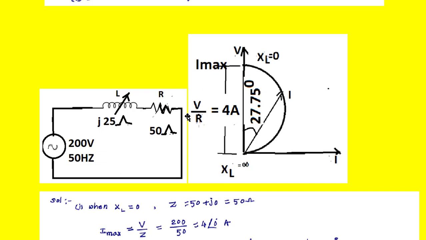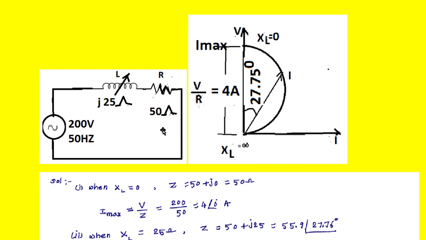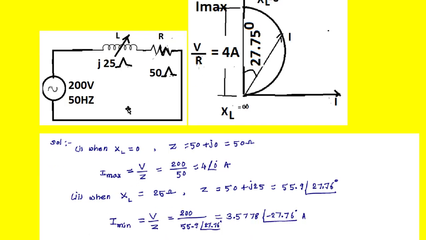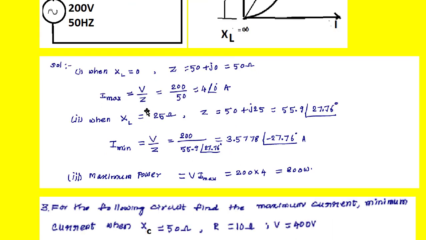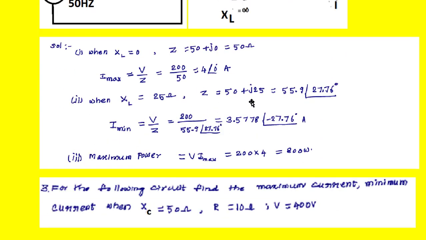So to get the minimum current, we have to get the full value of the variable element impedance. If you look at this, XL is 25 ohms and resistance value is 50 ohms. So we can calculate Z, that is 50 plus j25, then we get 55.9 at an angle of 27.76 degrees ohms.